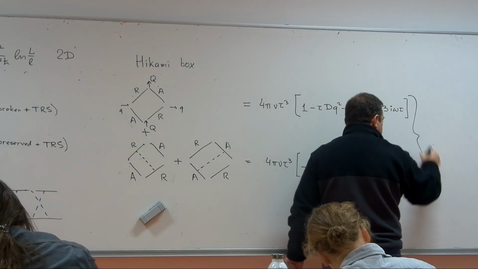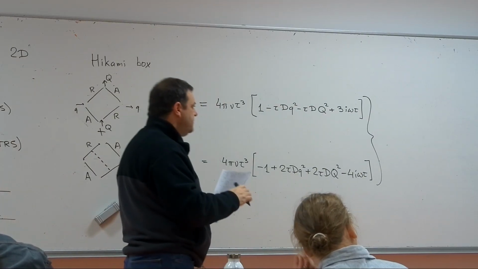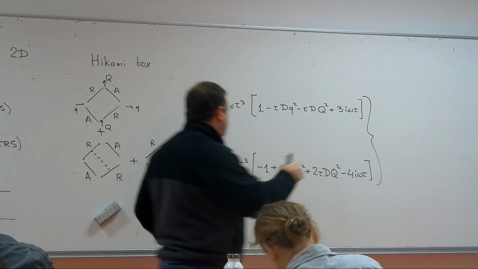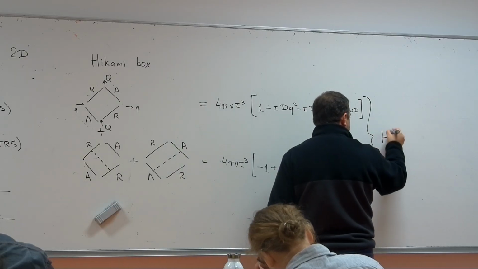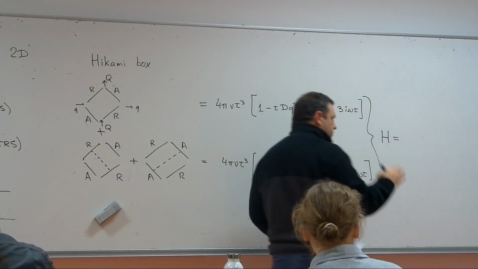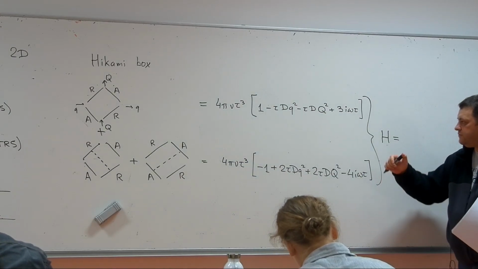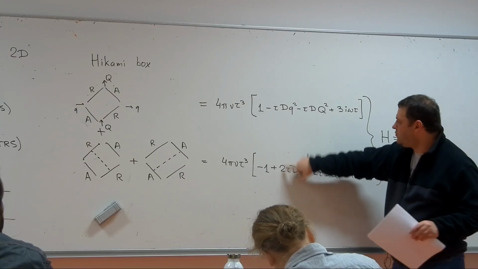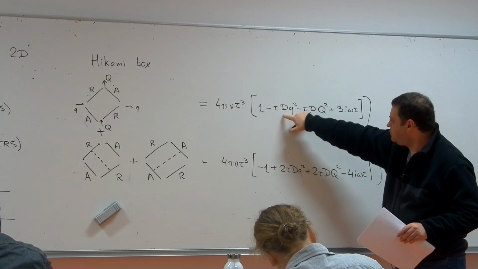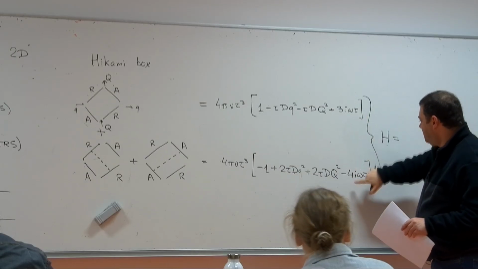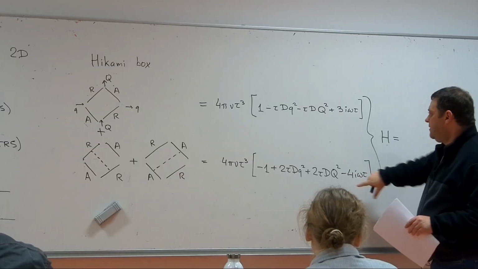And if we add everything together, we will have the true Hikami box, now the correct one, which is, who can do this math? What is 2 minus 1? It's 1. What is 3 minus 4? It's also 1, right? Great.